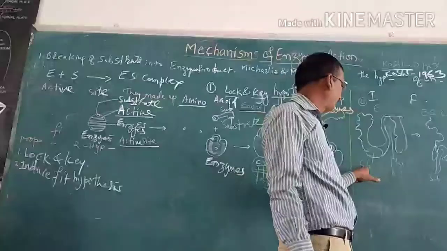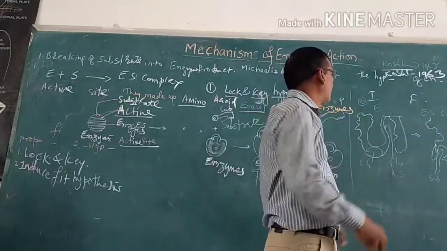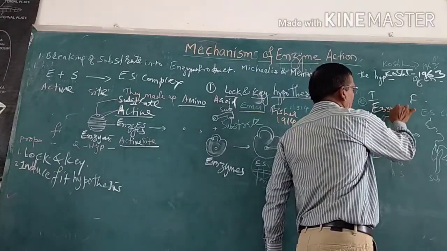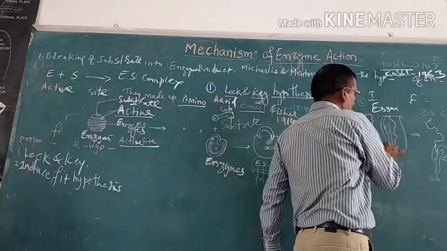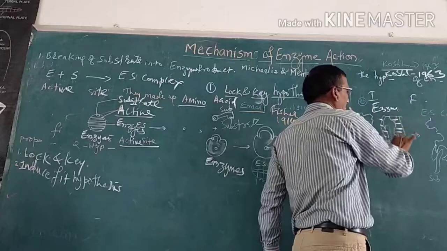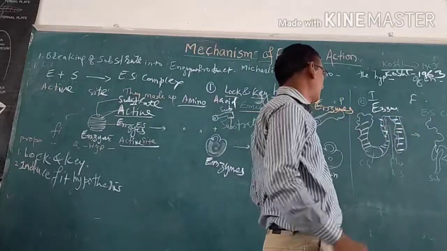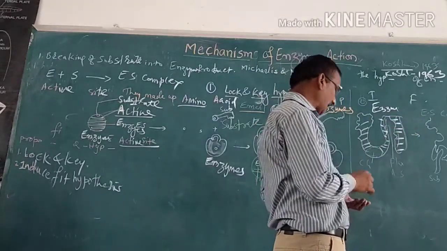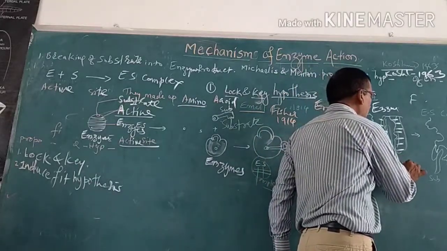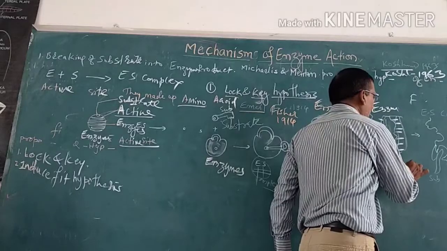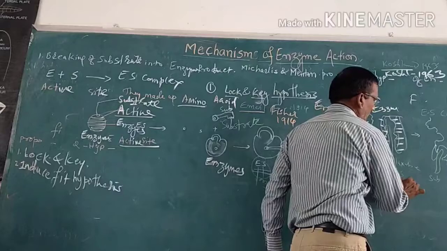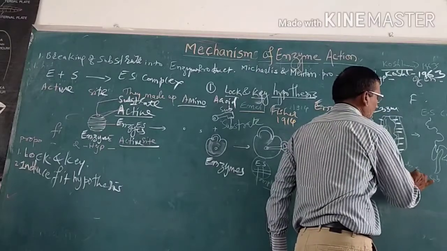The enzyme is represented roughly, and it has flexible positions inside it, known as the flexible active site.